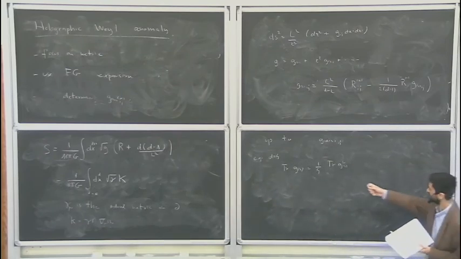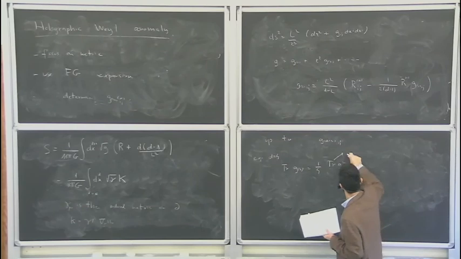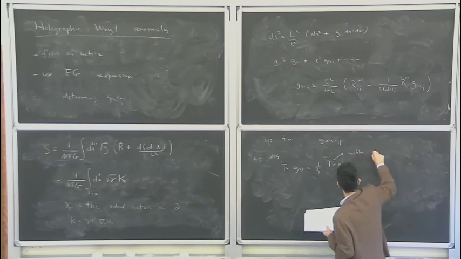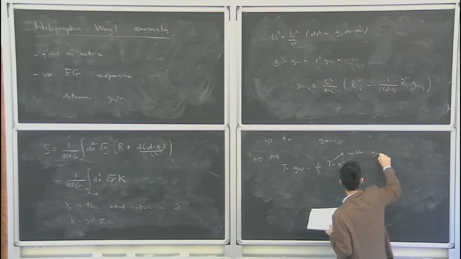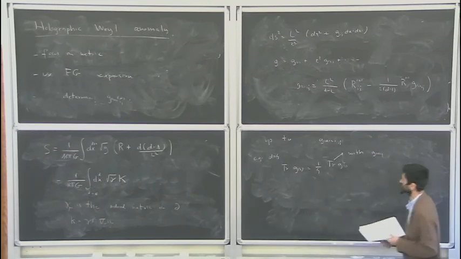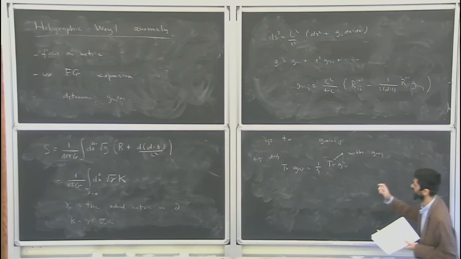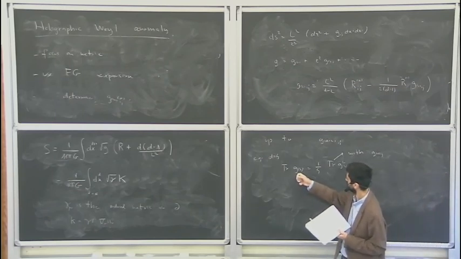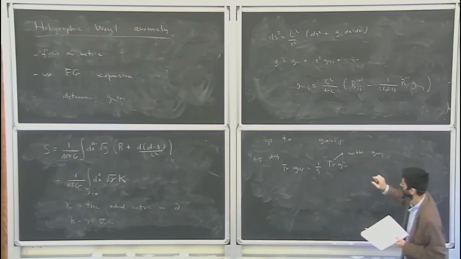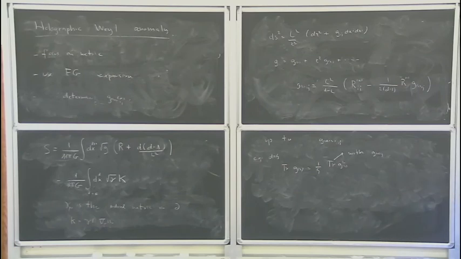Here traces are taken with G0. So there is this notation in which you regard G4, GD, etc. as matrices, and then you multiply them as matrices, and you raise the indices always with the inverse of G0. In that sense, these traces are defined.